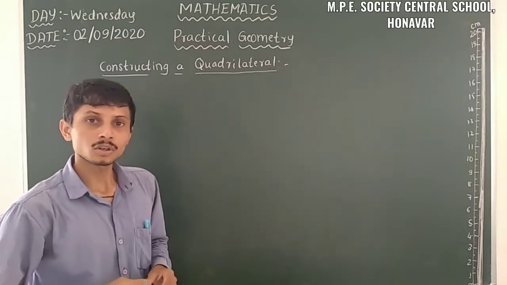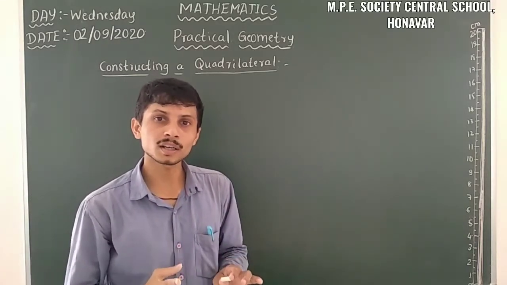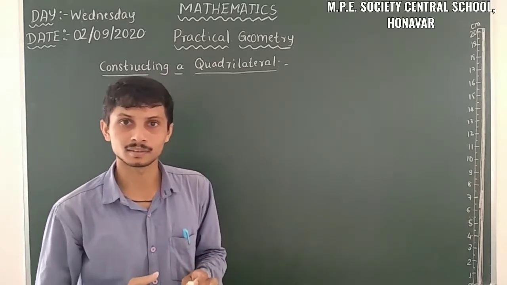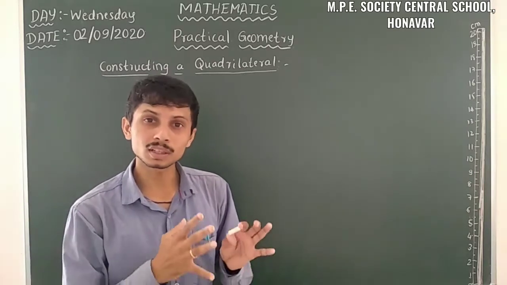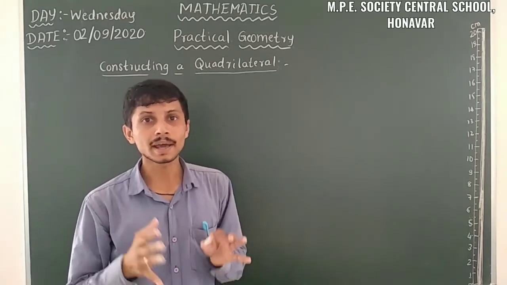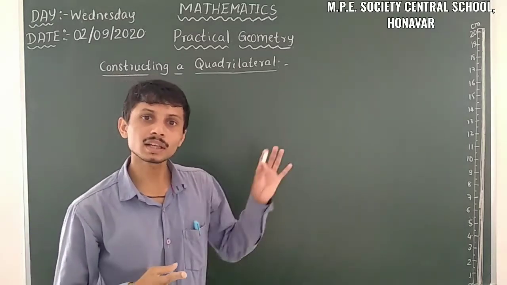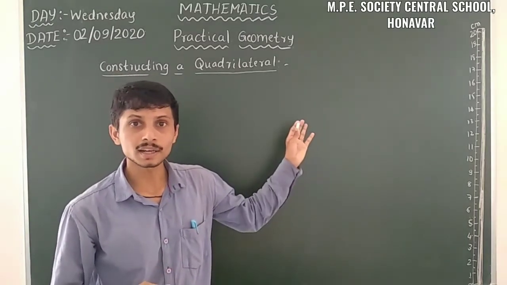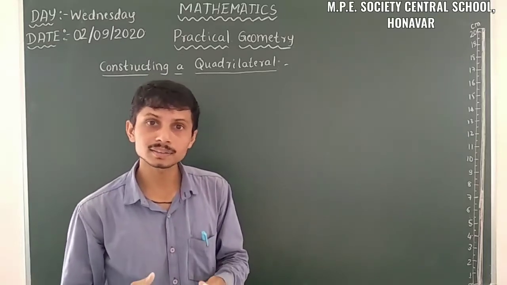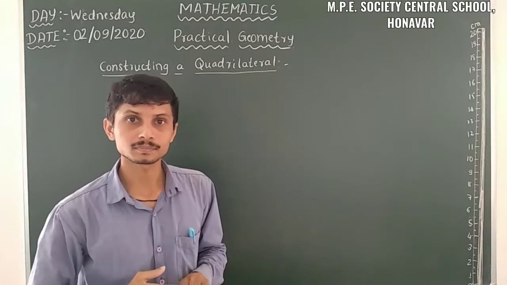When we are going to the construction, we have to be aware of what elements are there in the particular shape or figure. In a triangle we want angles and sides. Here also in a quadrilateral we have angles and sides. Another element is the diagonal.